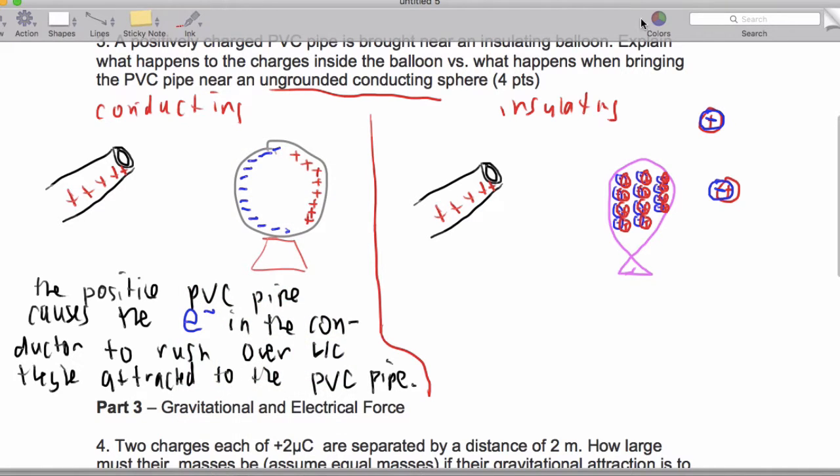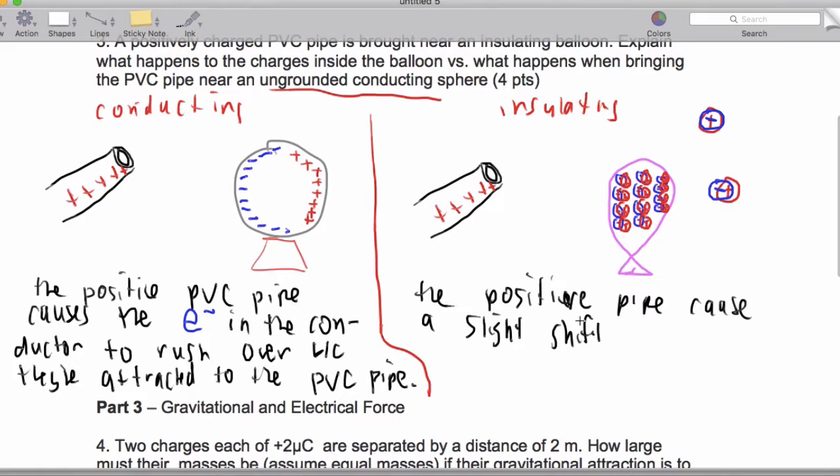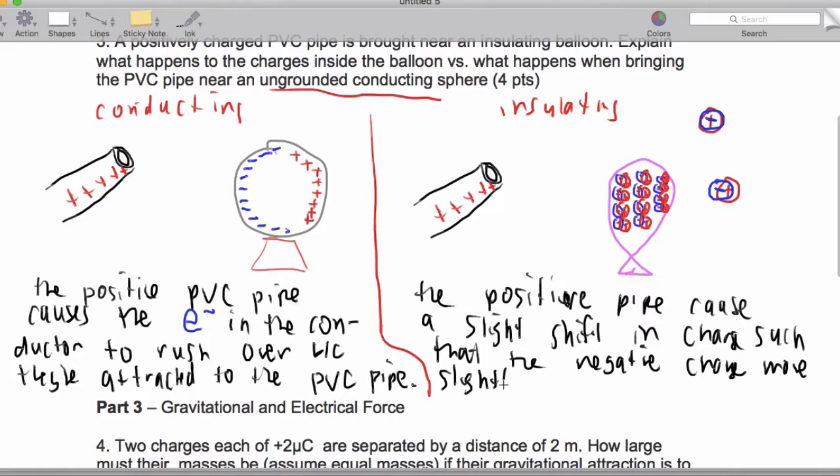So what happens with the insulator is definitely different. The positive pipe causes a slight shift in charge such that the negative charges move slightly toward the pipe, and this causes an attraction.